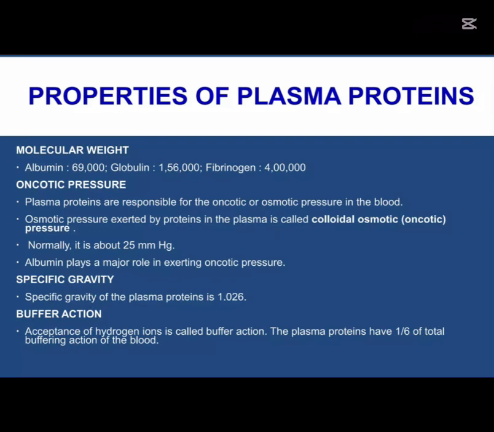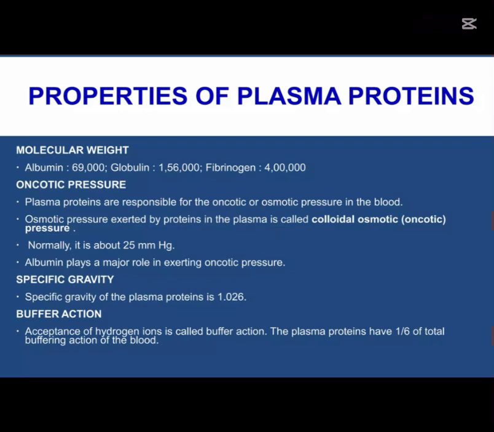Albumin plays a 100% role in colloidal oncotic pressure. It's important to prevent excess filtration of plasma content into the tissues, because without the plasma protein, everything inside the blood would enter the tissues through the capillary.